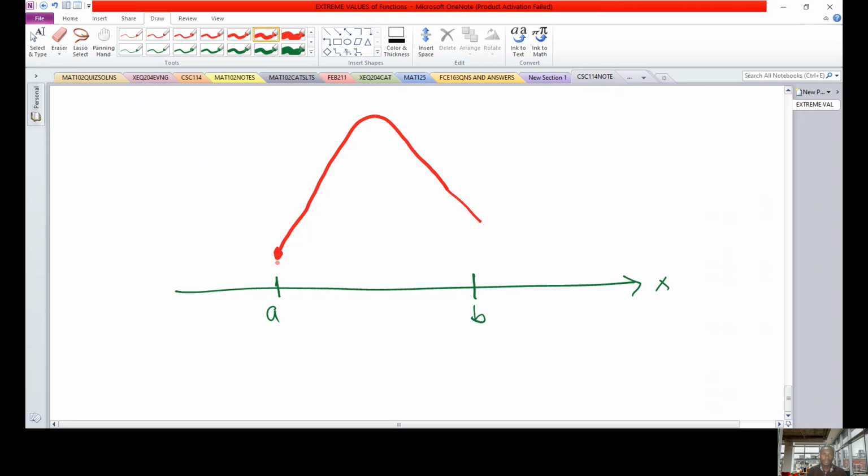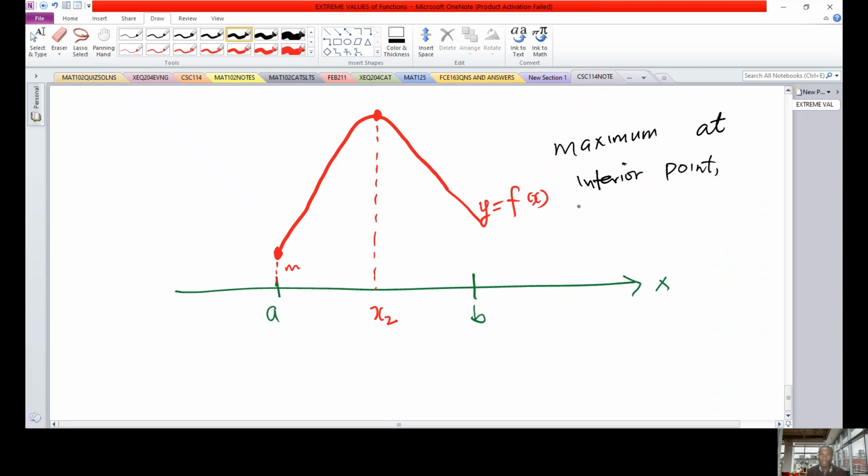So this is a small m, and then at this point here we have this x2. So this is the y equals f of x. So this shows a case whereby maximum at interior point and then minimum at endpoint.